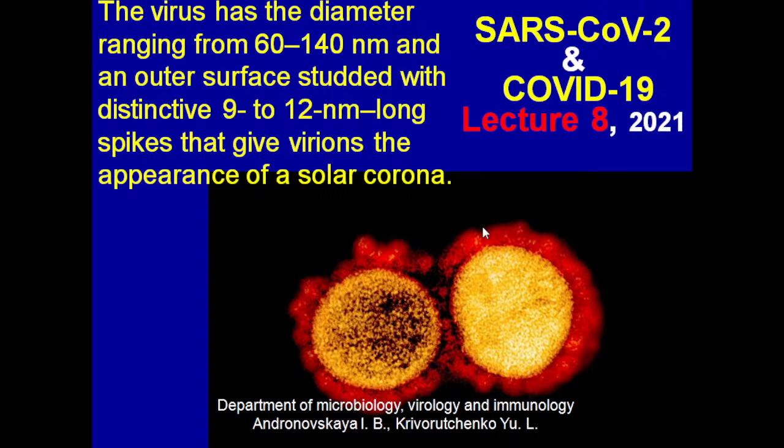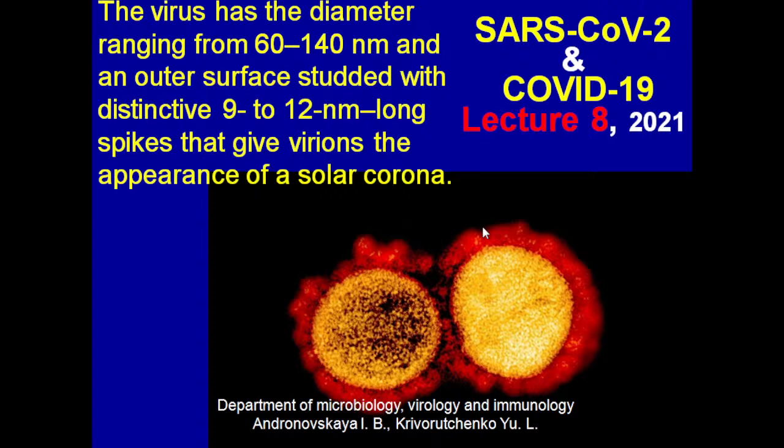Of course, you've seen some of those pictures on the internet, but today we study step by step. You can see here the virion of SARS-CoV-2 with the diameter ranging from 60 to 140 nanometers.